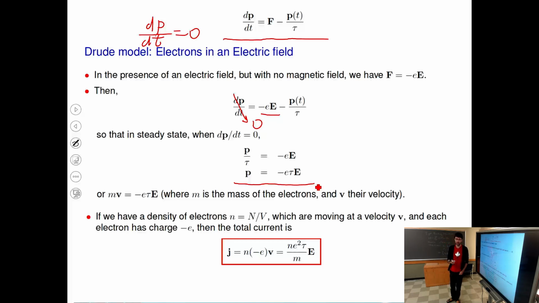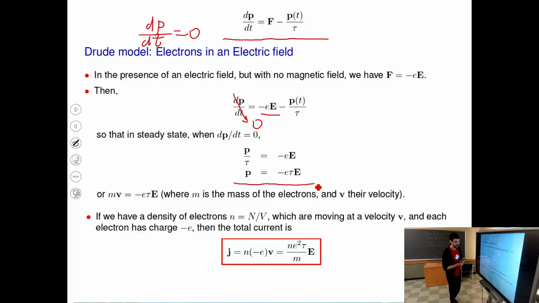It is given by elementary charge times this phenomenological parameter tau, that we cannot derive from microscopic details but just assume to be something, and times the electric field. So a constant force produces a steady, finite momentum state on average for electrons.